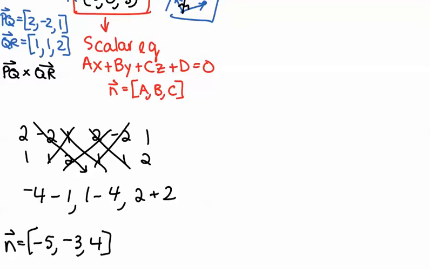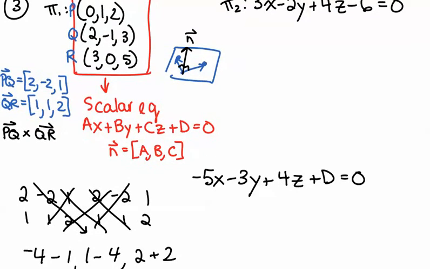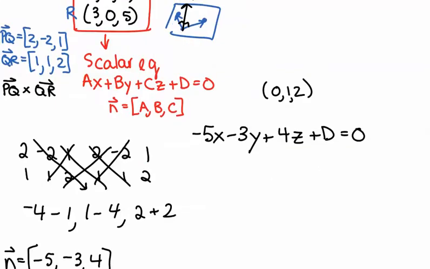And you can always reduce your normal vector to lowest terms, which it looks like it is already. So if we're going to write the scalar equation of this plane, we can replace a, b, and c with -5, -3, and 4. Now we just need to figure out what d is. To find d, we can take any one of those points and sub it in. So I'm going to use my point 0, 1, 2 and sub that in.